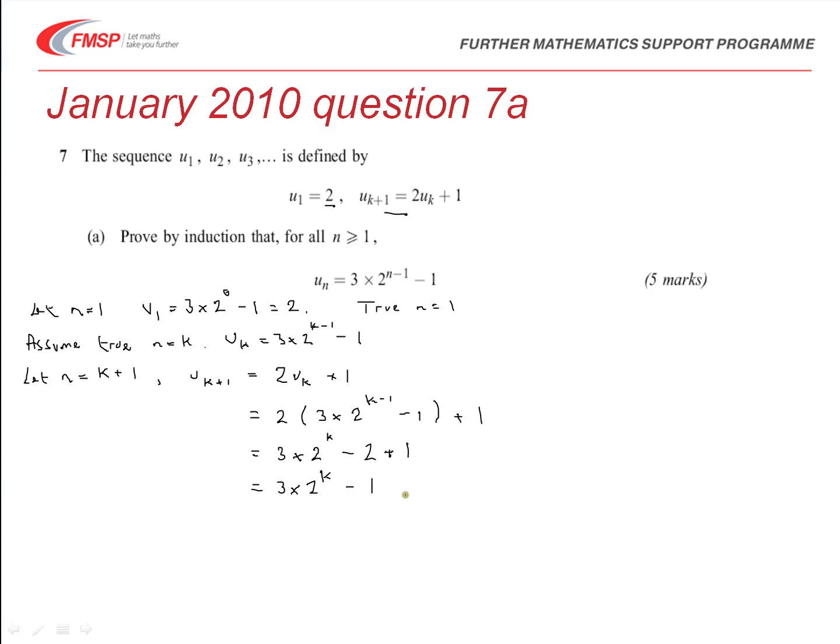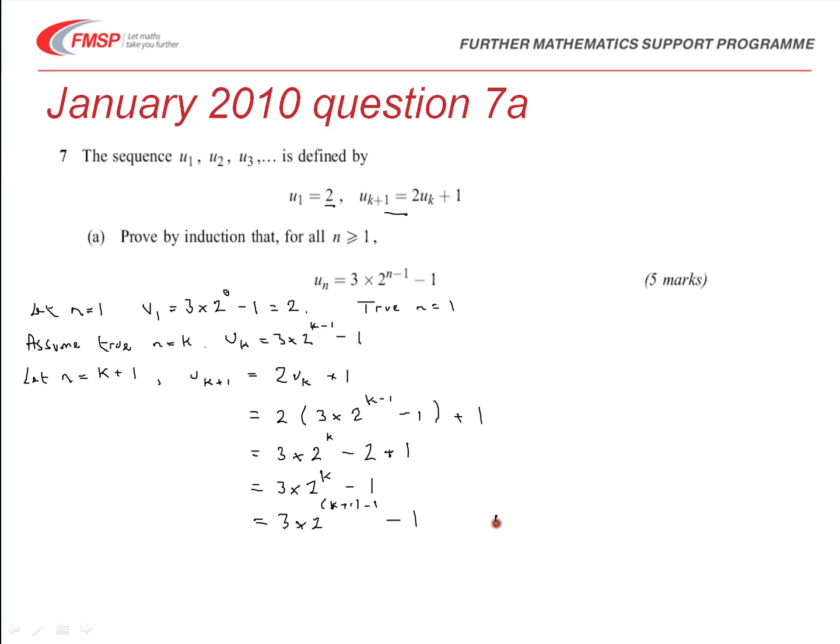And that is in the correct form, and to show it's the correct form we could rewrite the top of this as 3 times 2 to the k plus 1 minus 1, minus 1, to reiterate the fact that yes, this is in the right form here.